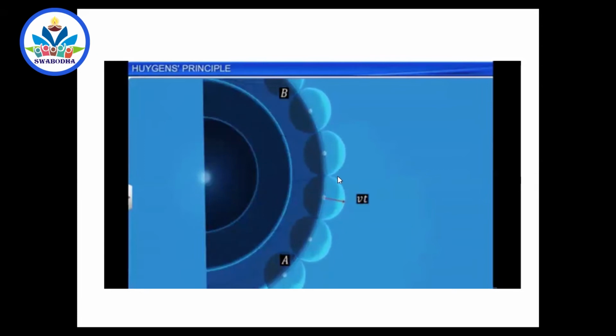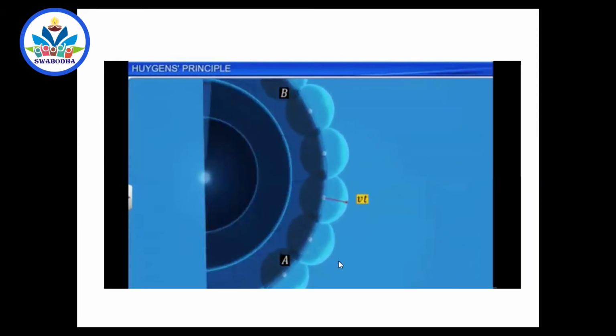Each point on the primary wavefront is responsible for the production of secondary waves. So when this wavefront is produced, you get the envelope of all these secondary waves. You get the new wavefront which has moved forward, right? These are all the secondary waves generating from the surface of the primary wavefront. And if you get the envelope of all these new secondary sources or waves, then you get the new wavefront.